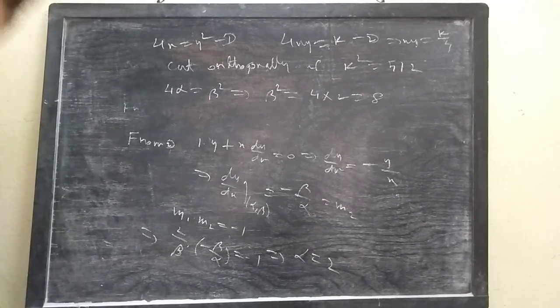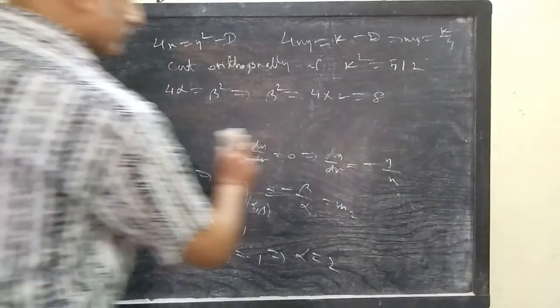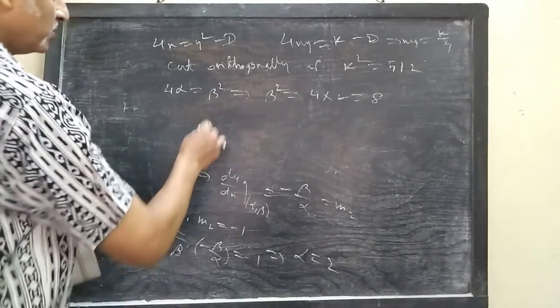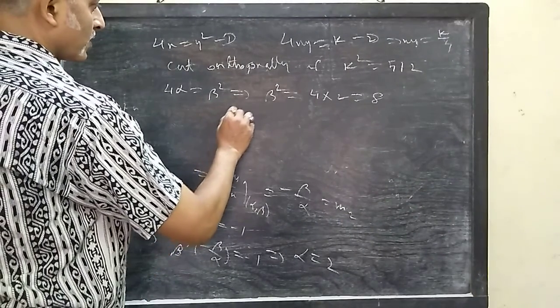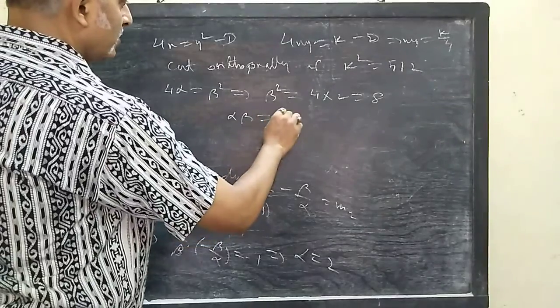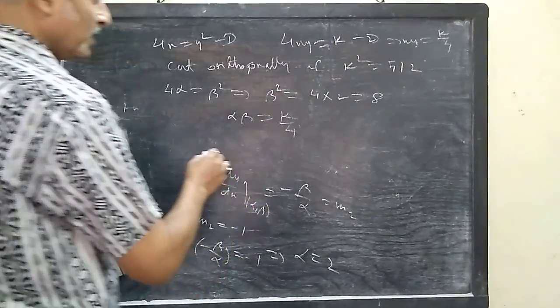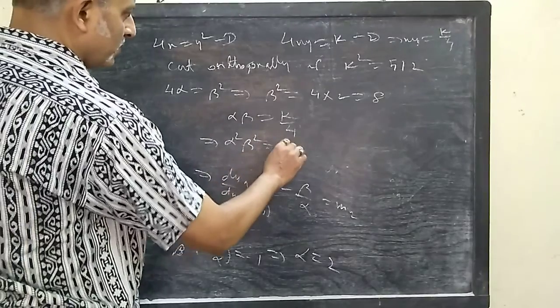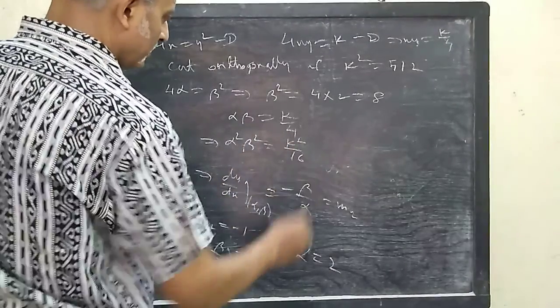Now, point (alpha, beta) also lies on curve 2. So we have alpha beta equals k by 4. Now square it both sides. Alpha square beta square equals k square by 16.